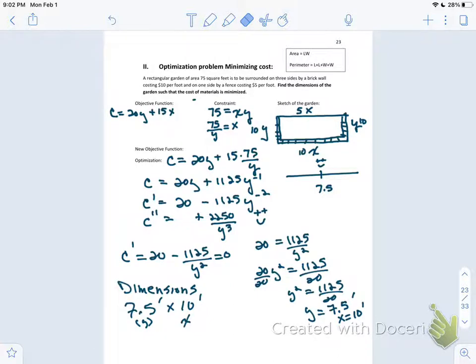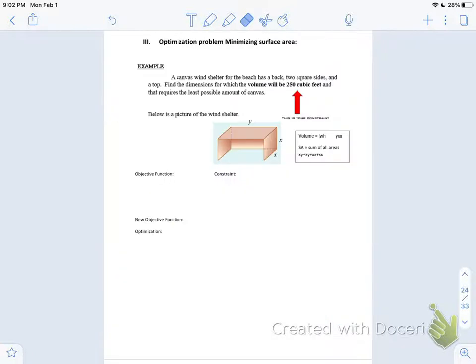So therefore, this has to be negative, and that's going to be positive. Okay, so that's what it's going to look like. And then you would write a little statement here. And then you're good to go. But your final answer would be these dimensions. Okay, and I think we have one more to do on page 24. So let's do that next.